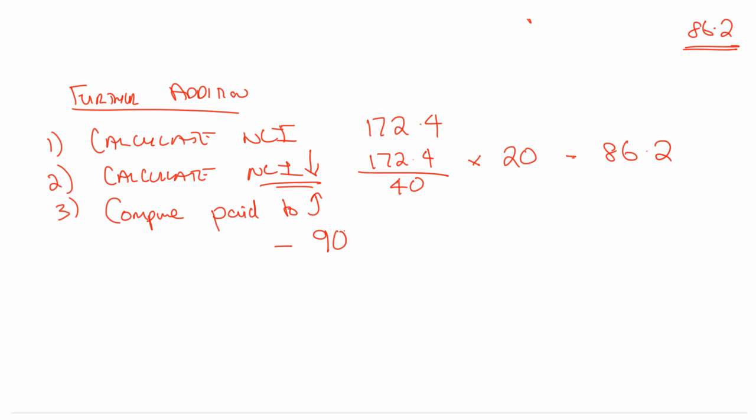Okay, what you should realise is I compare 90 to 86.2, so I paid 90, but I only got 86.2, so I've made a 3.8 loss. Where does that 3.8 loss go? Yeah, to other reserves, and we've got an other reserves this time, so I can do it.